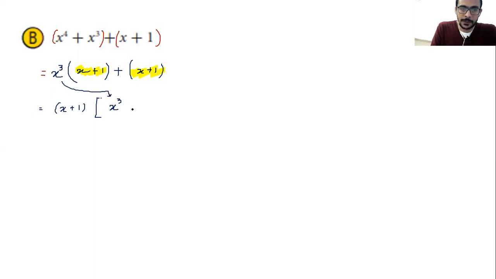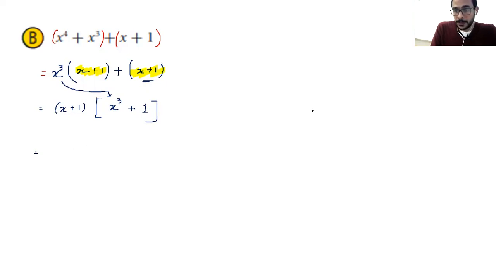Yes, x power 3 comes here. Plus x plus what? When you take the whole term outside as a greatest common factor, your remainder is 1. In the second term here, you took it outside, so 1 remains in its place. You can complete. Thank you, Suhail.